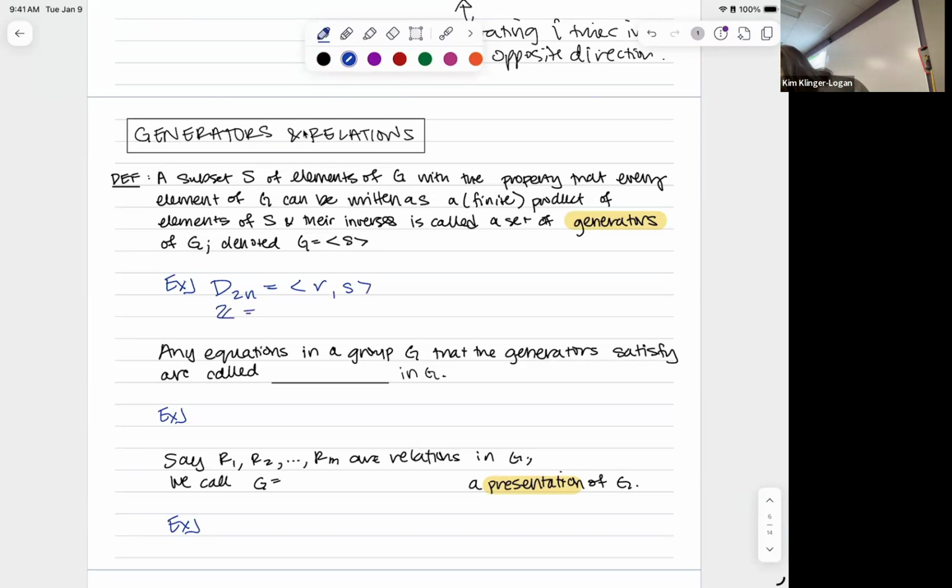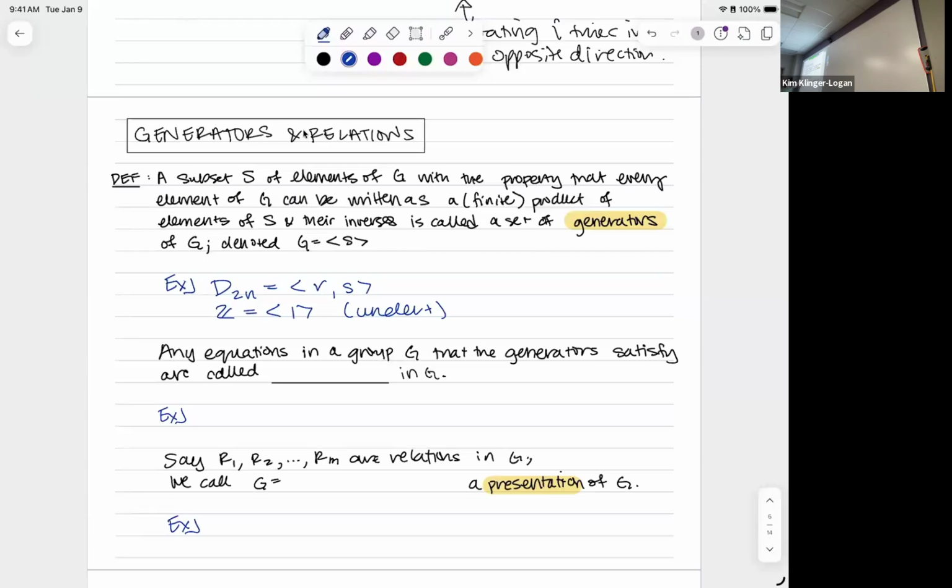Or the integers, as an even more basic example, are generated by the element 1, because I can add 1 to itself, under addition of course, as many times as I like, and apply inverses to get everything in Z. For something like the integers, this is really enough to tell me everything I need to know about their structure. There are no other weird relations.